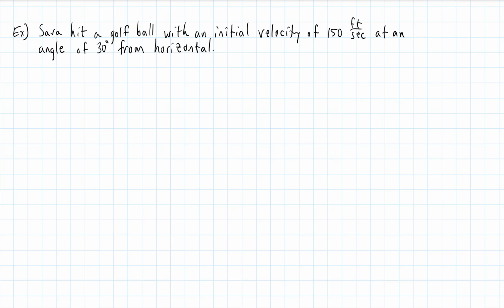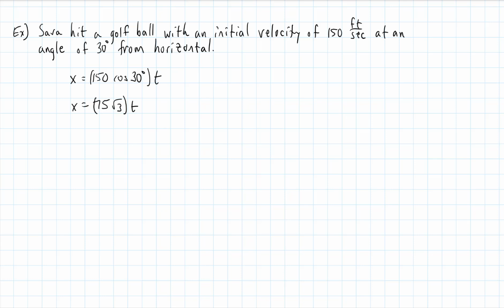The horizontal distance from Sarah to the ball along the ground is going to be the initial velocity, 150, times cosine of the launch angle, times the parameter t. If we clean that up, that would be 75 square root 3 times t.